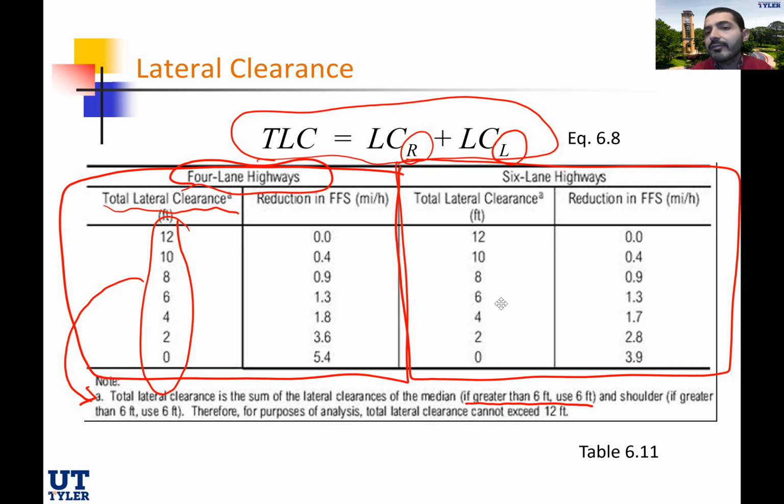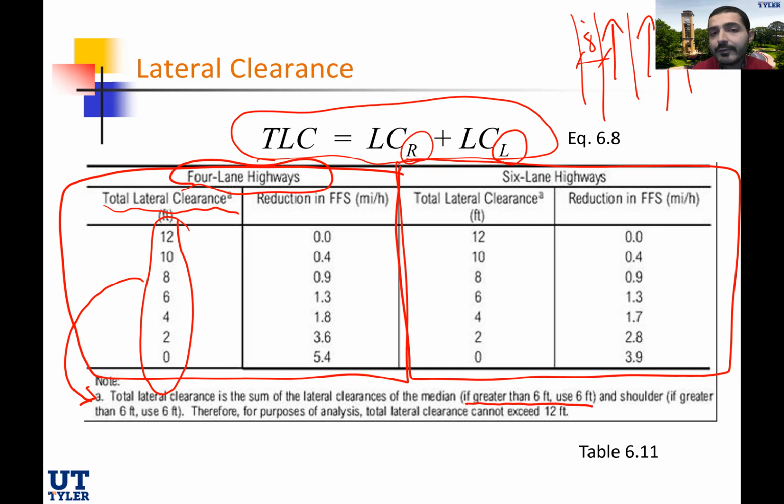Let's say this is the highway, and I have 8 feet from the left and 3 feet from the right. How can I measure the total lateral clearance? Again, I'm going to sum up the two numbers, unless they are exceeding 6 feet.